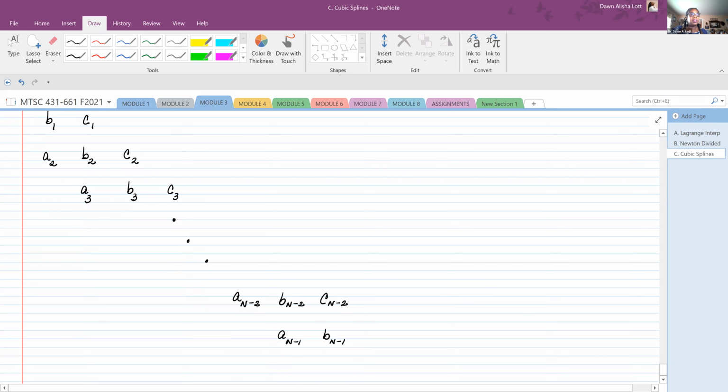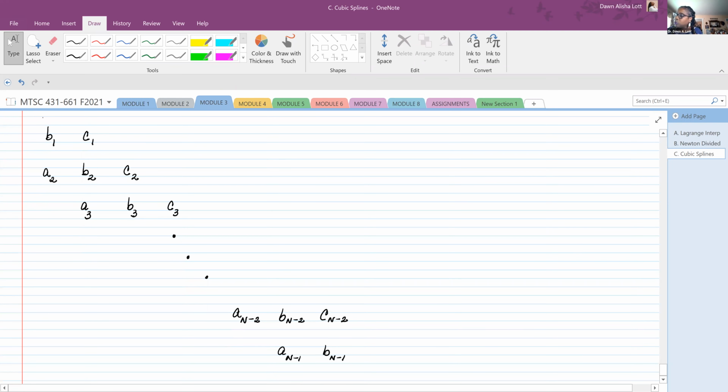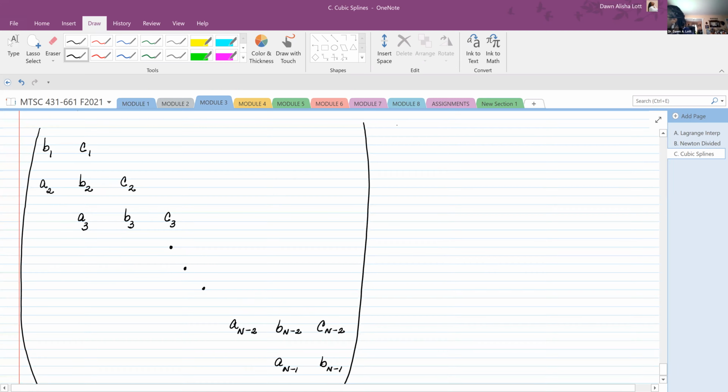And so that is a matrix, and then that gets multiplied by the vector M1, M2, M3, all the way down to Mn minus 1.